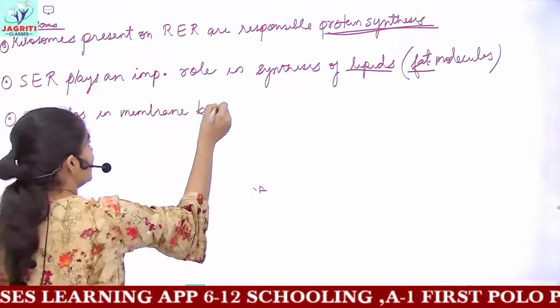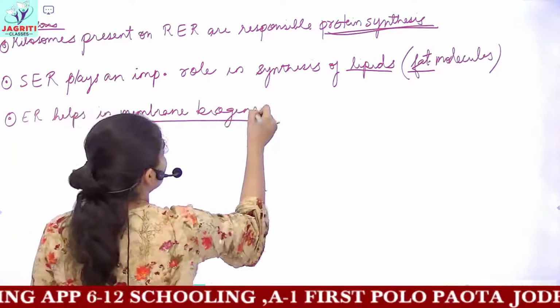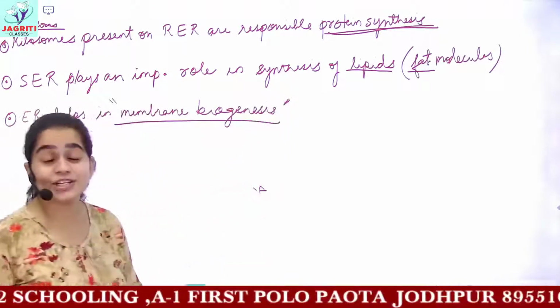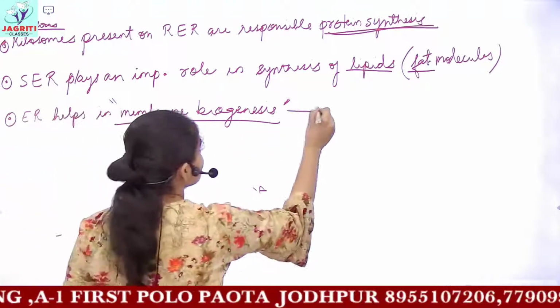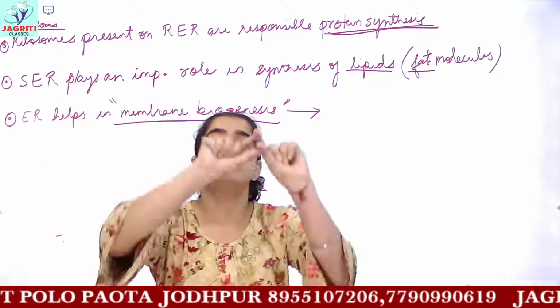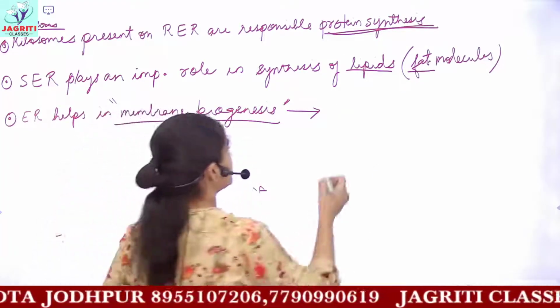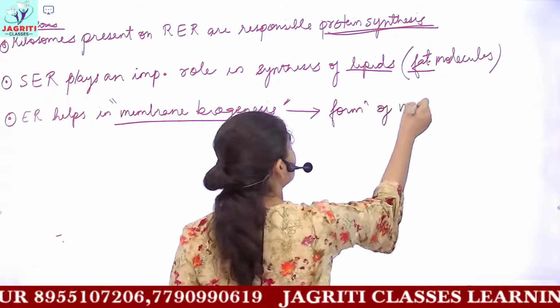So this is again a very important question. You can be asked a direct question in exams, that what do you mean by the term membrane biogenesis? Membrane biogenesis means synthesis of membrane or the manufacturing process of membrane, formation of membrane you can say.